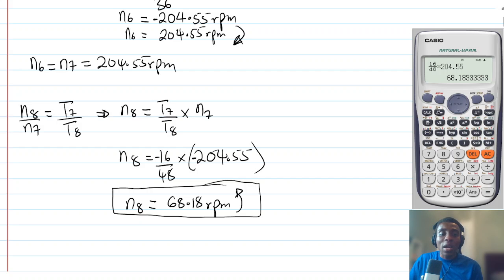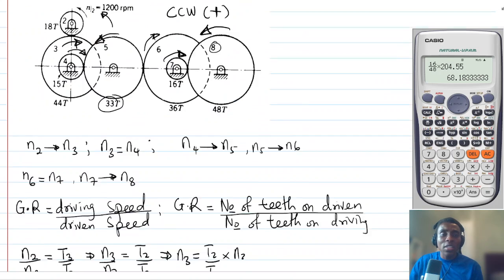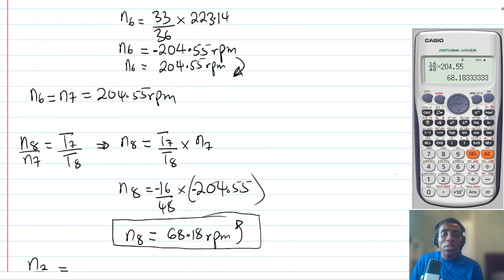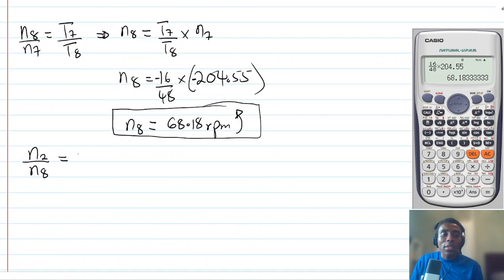The question said we should calculate the speed ratio. When we say the speed ratio in terms of gear trains, that's nothing but the driving over the driven. The first driving gear is the second, which is 1200, all divided by the last gear, which is 68.18.